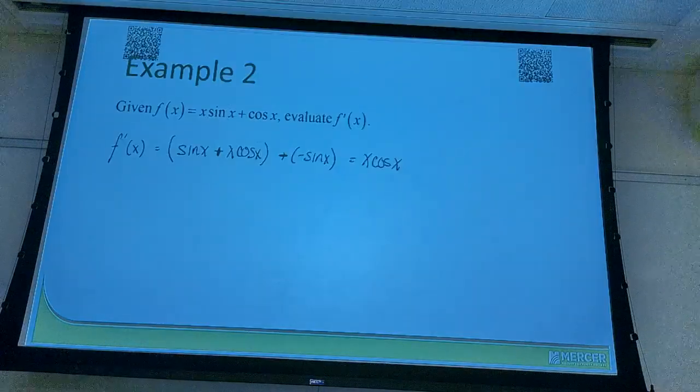X times cosine of x. And that's essentially how you're going to break down every single derivative. The easiest way to do it is just look big picture and then work your way down.